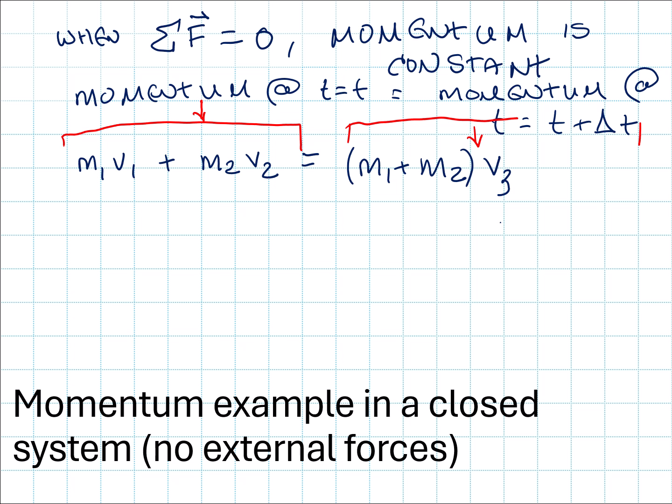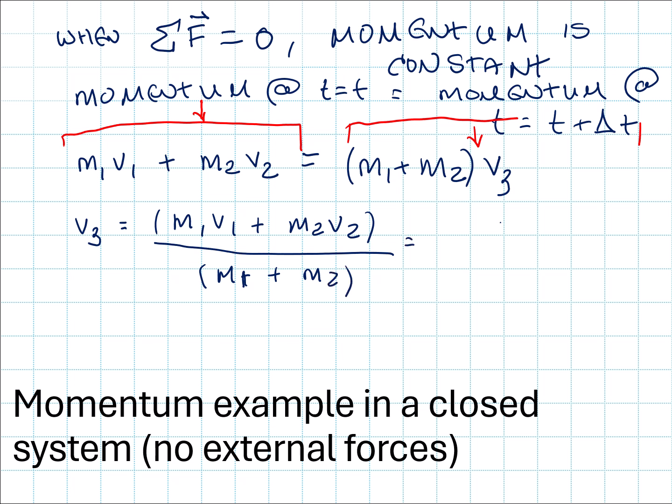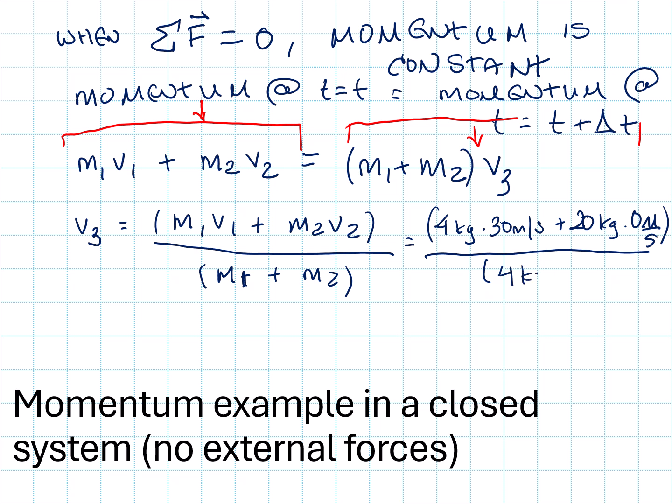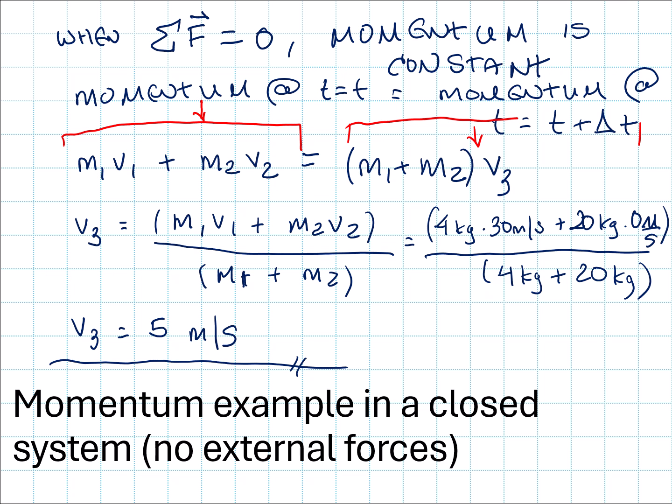So solving for v3, I can see that the speed at time equals t plus delta t, v3, is equal to 5 meters per second.